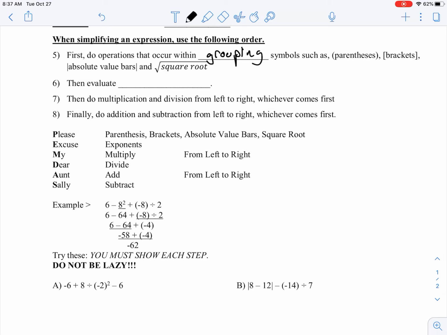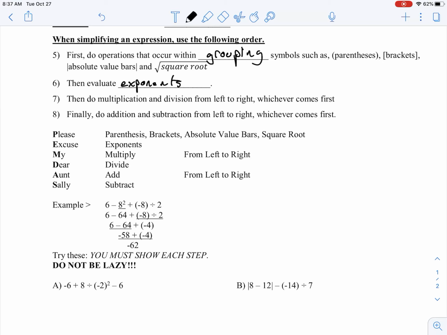And then we need to evaluate, what are they called? Exponents. So exponents comes second.